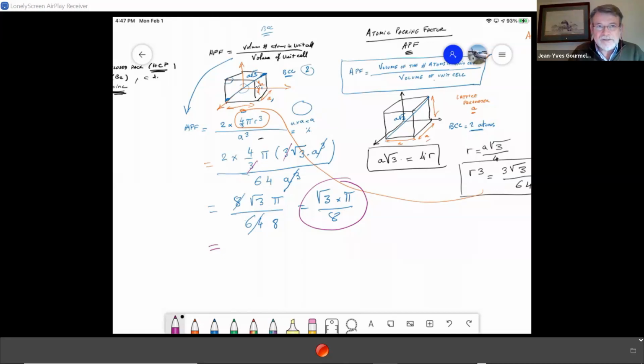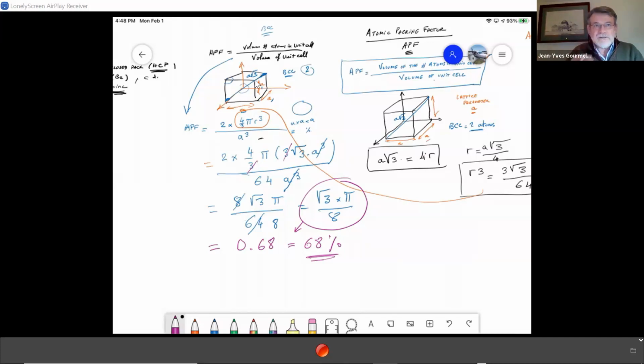And this number is 0.68 or 68%. Well, that is an important result. That's the way nature made it.